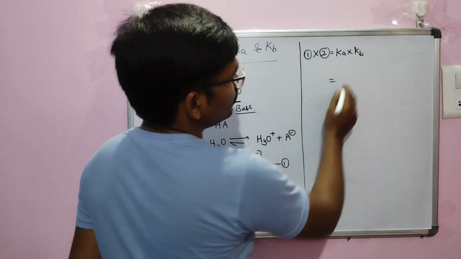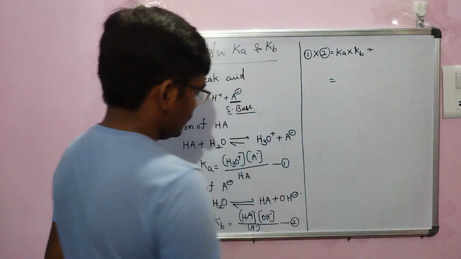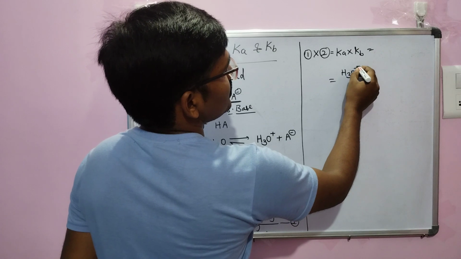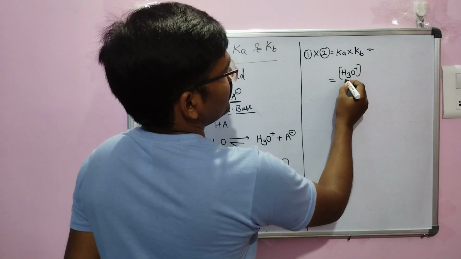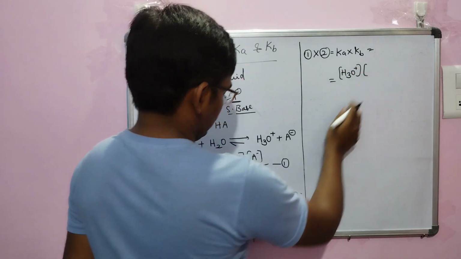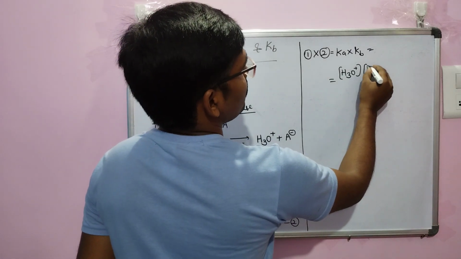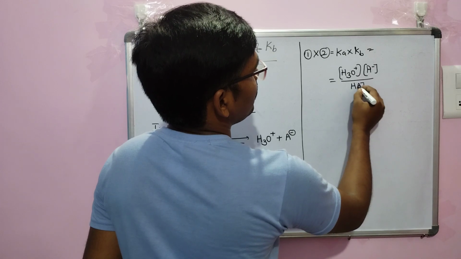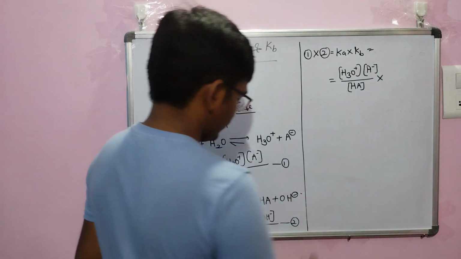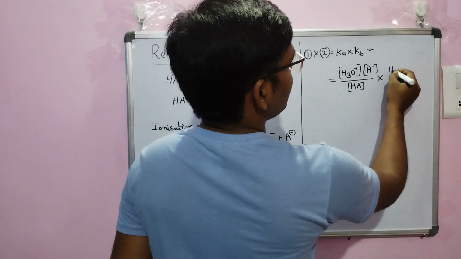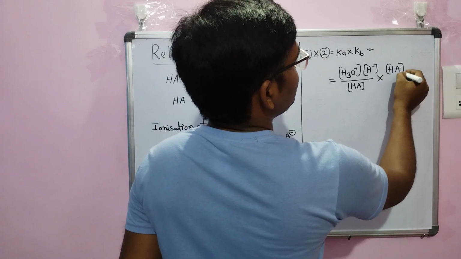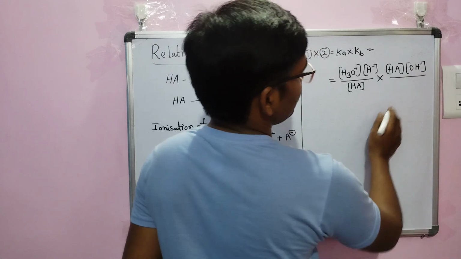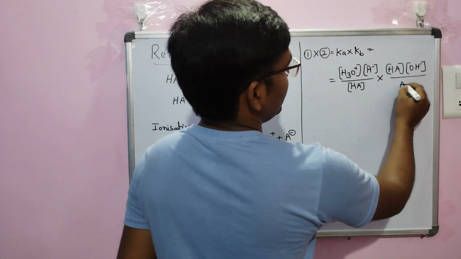Ka is H3O plus ion concentration into A minus ion concentration divided by HA concentration, and Kb is HA concentration into OH minus ion concentration divided by A minus ion concentration.